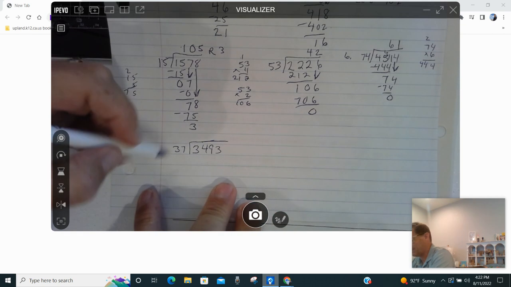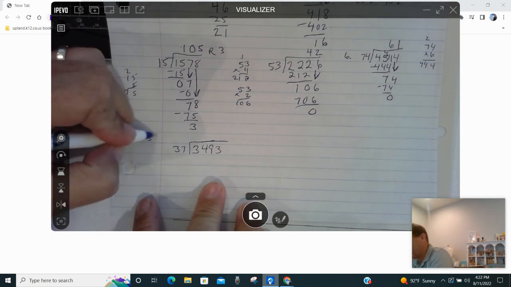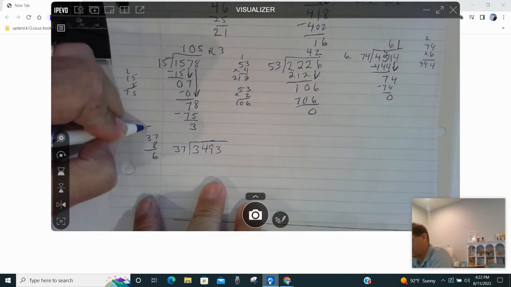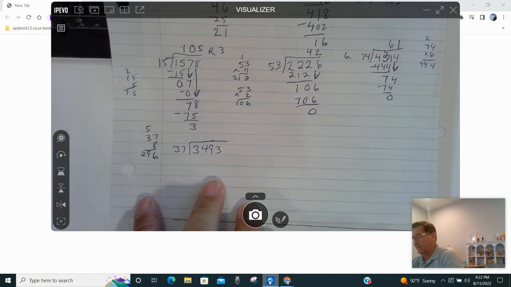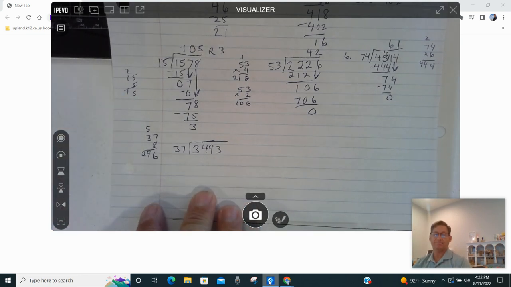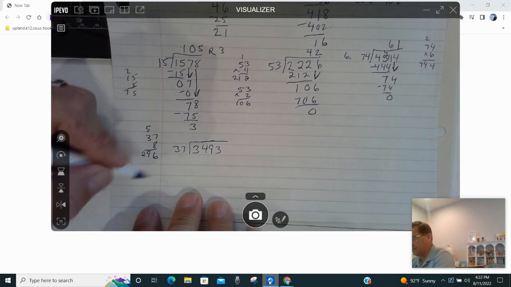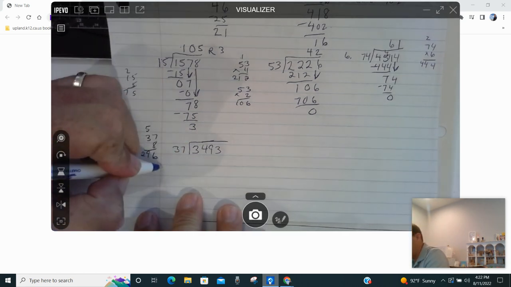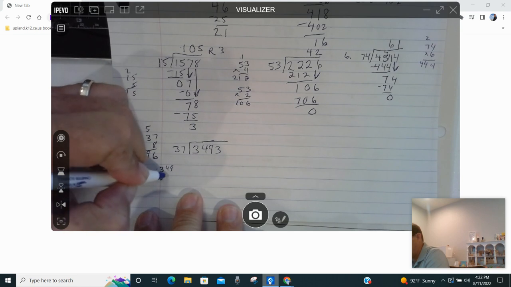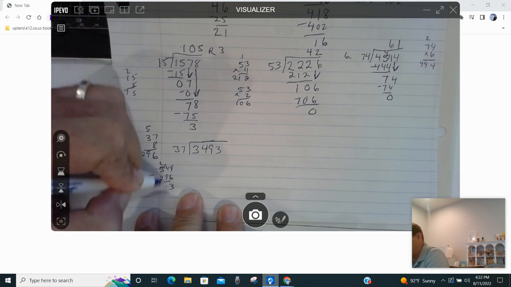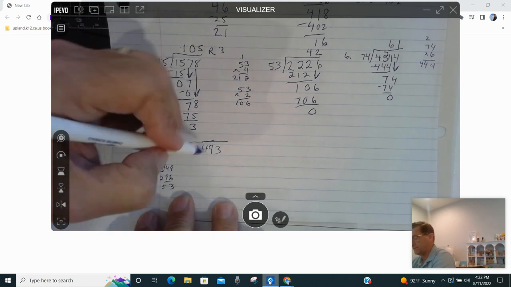Maybe 8. 8 times 30 is 240. Let's just try. We get 296. That may not be big enough, right? Let's see. 349, take away 296. 53. No, so actually 9.